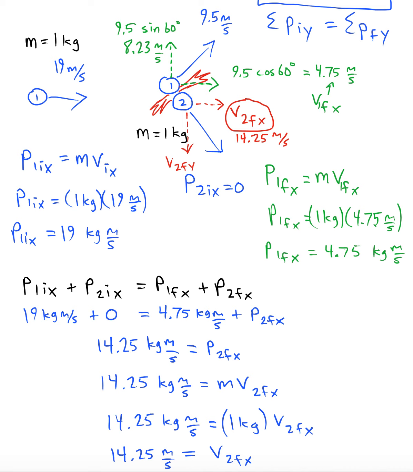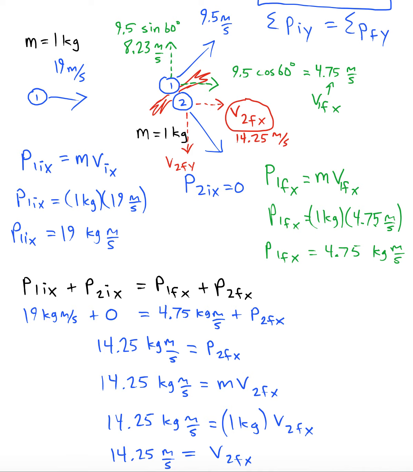Now let's try to find its y component of velocity. The momentum in the y direction at the start was nothing. Ball 1 was moving horizontally and ball 2 was at rest, so neither one of them was moving vertically.